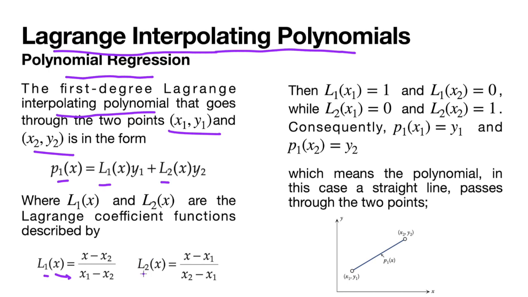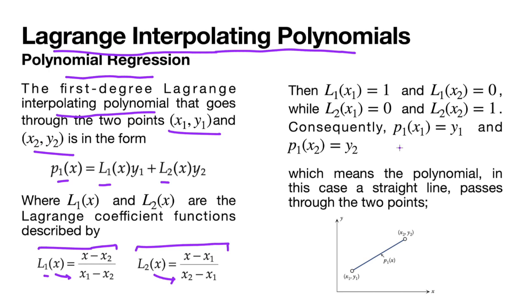Similarly, for L2 we use x minus x1, and this corresponds to x2 minus x1. You can use this specific arrangement of these formulas to remember how to use them.